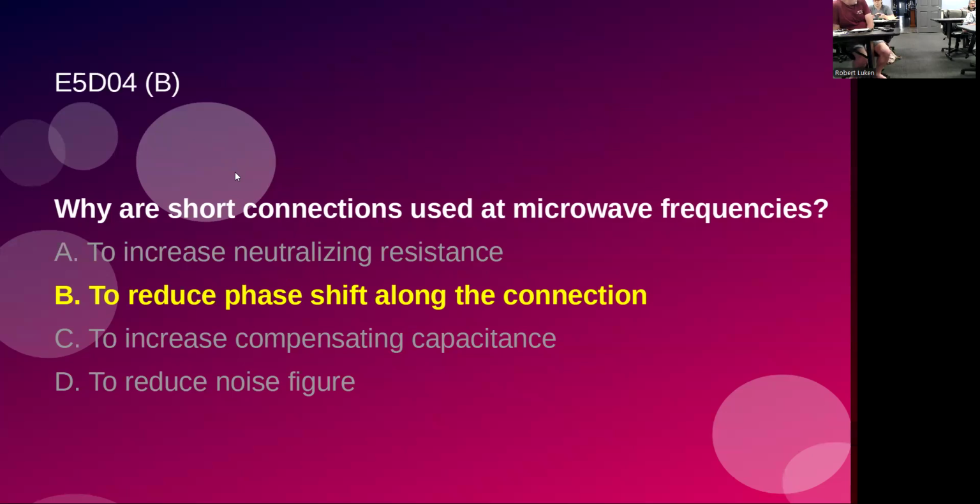Right. Well, the length of it is part of the phase shift at those frequencies, but you also want to reduce the reactance or the inductance.